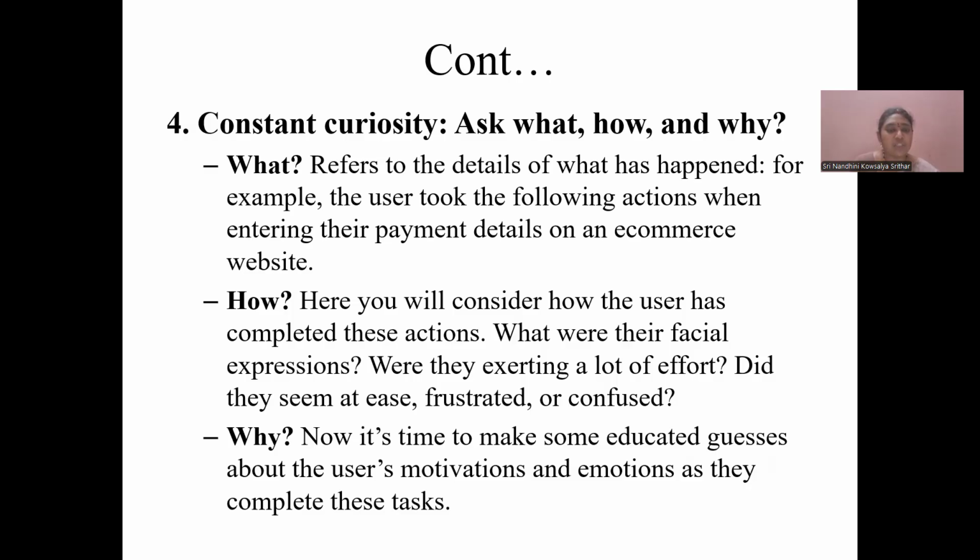What were their facial expressions? Were they expending a lot of effort? Did they seem at ease, frustrated or confused? Next, why? Now it's time to make some educated guesses about the user's motivations and emotions as they complete these tasks.